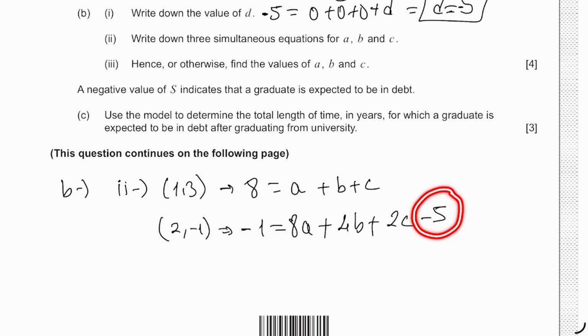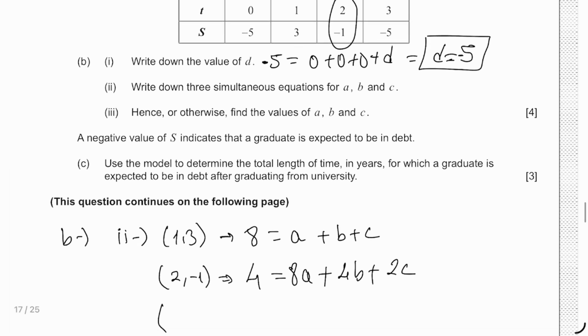So I'm going to send this one here as a plus 5. Plus 5 minus 1 will be 4. So I'm just making it 4. This minus 5 is gone. Okay. Last point, we need to put 3 minus 5.